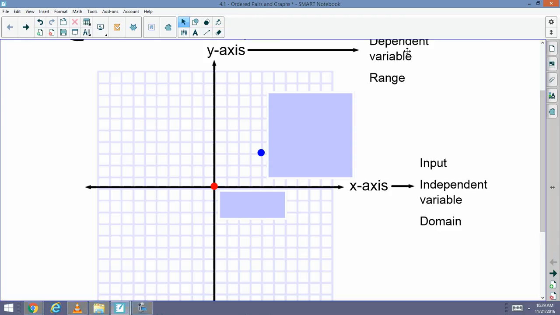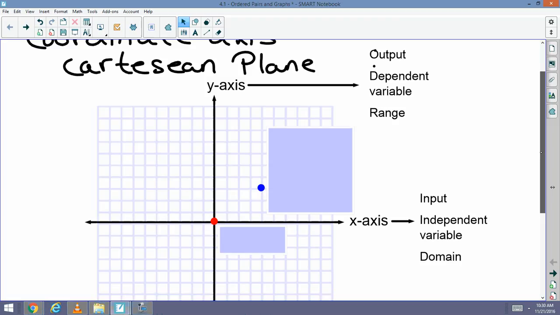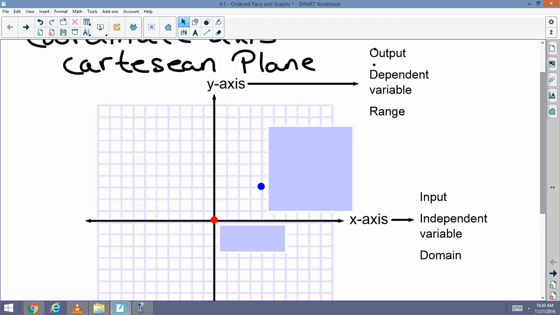The y-axis, let me erase all this stuff. The y-axis is the output. It's called the dependent variable, and it's also known as the range. We're going to get into all of that vocabulary, heavy into it soon enough. But right now, we're just learning what this Cartesian plane is.